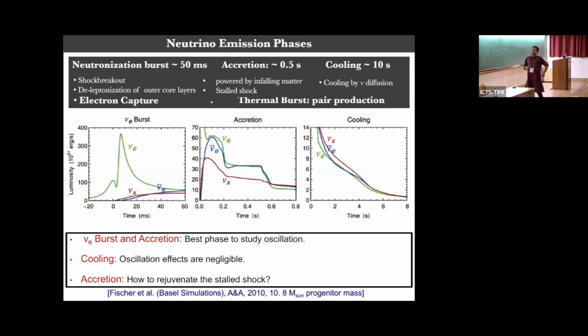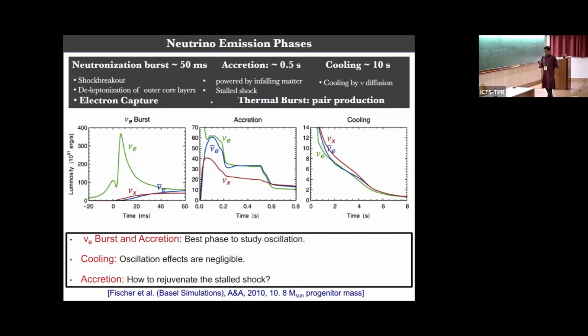This is what we also saw in the morning, that there are three distinct phases: the neutronization burst phase, mostly in electron neutrinos, the accretion phase, and of course the cooling phase. In these two phases, we had a very large flavor asymmetry. So if you want to study oscillation, this is where you are interested.